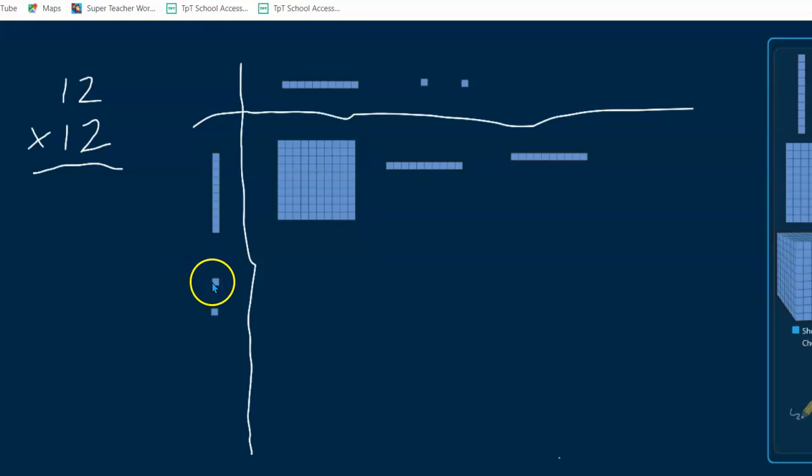Now we're going to go to your ones. 1 times 10 would be 10. Then we're going to do 1 times 1, which we know is a 1 block. Then we're going to do 1 times the 1 again.